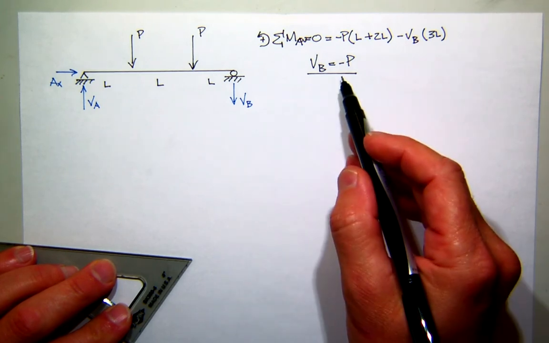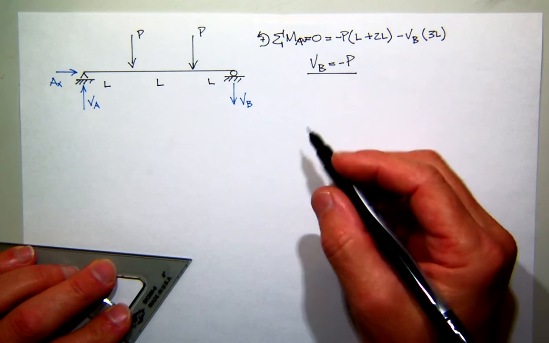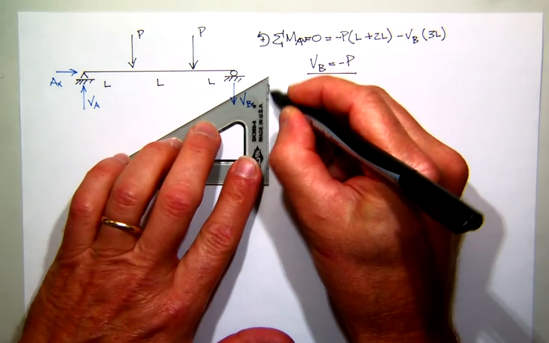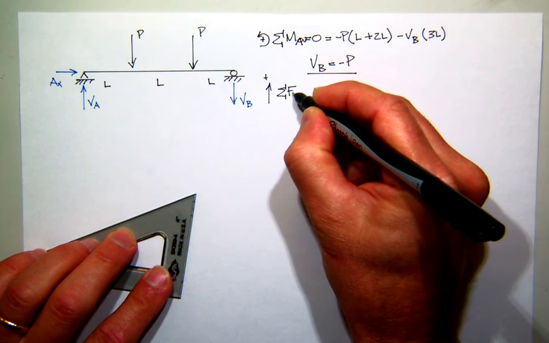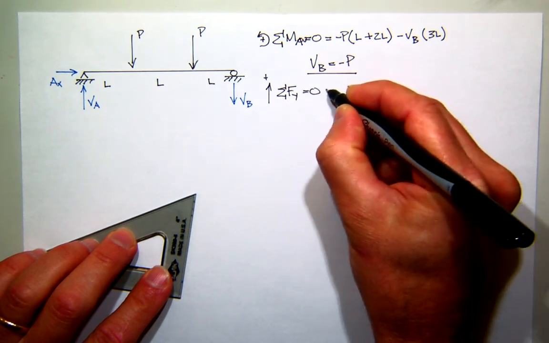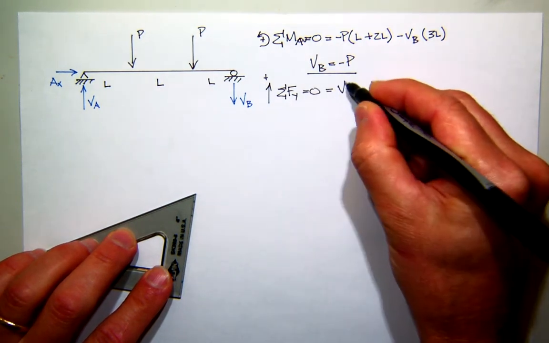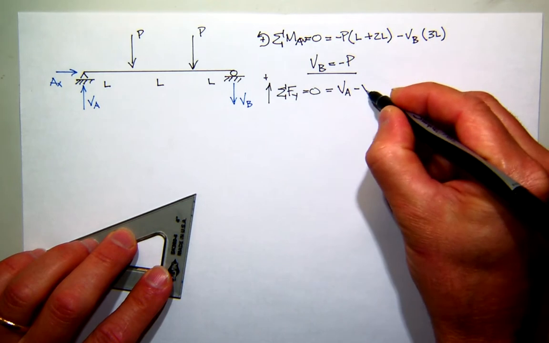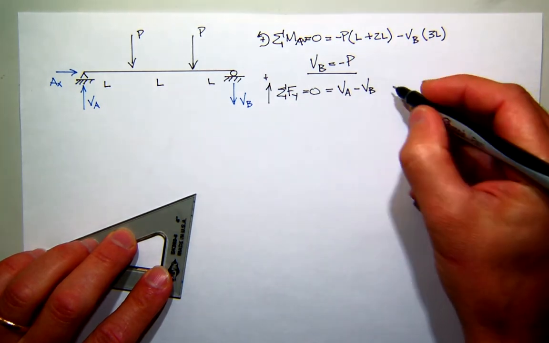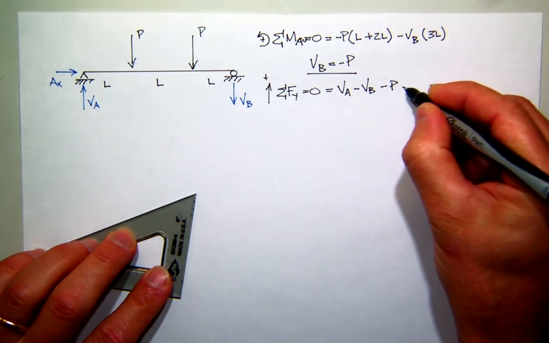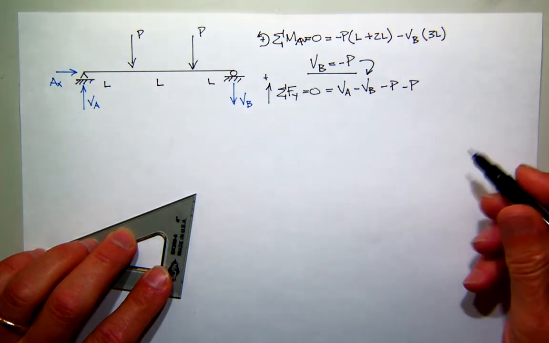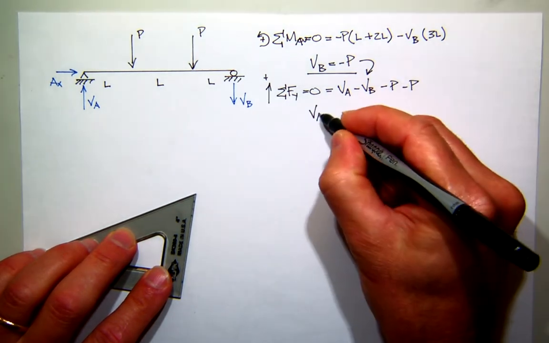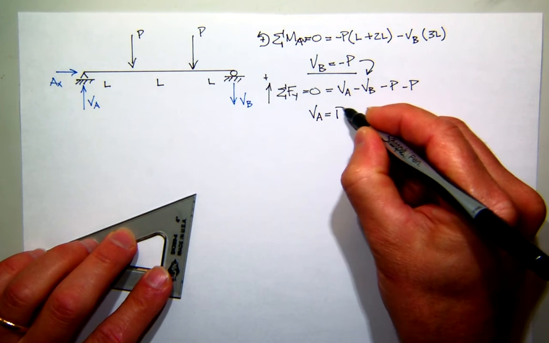Negative P. So now if I sum forces in the Y direction, let's see what I get. So I have shear A acting up, minus the shear at B down, and then minus P, minus P. Well, I know B is that, so I can solve for the shear at A, and I get P.